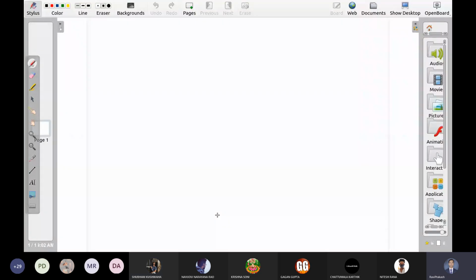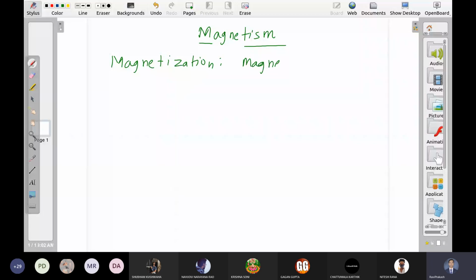So we started magnetism from the last class. The first term that we define, which we use everywhere, is magnetization, which is magnetic moment per unit volume.